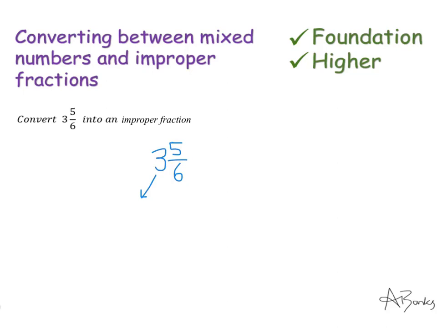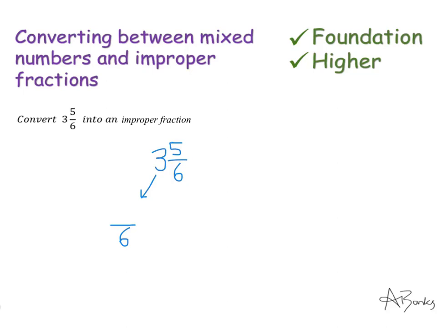Now when we add fractions and when we're combining these together, we have to have the same denominator. We have to be working in the same size parts. So I have to change this 3 into 6ths. So how many 6ths are there in the number 3? Well, if we think about our last example, in every whole one there will be 6 6ths.